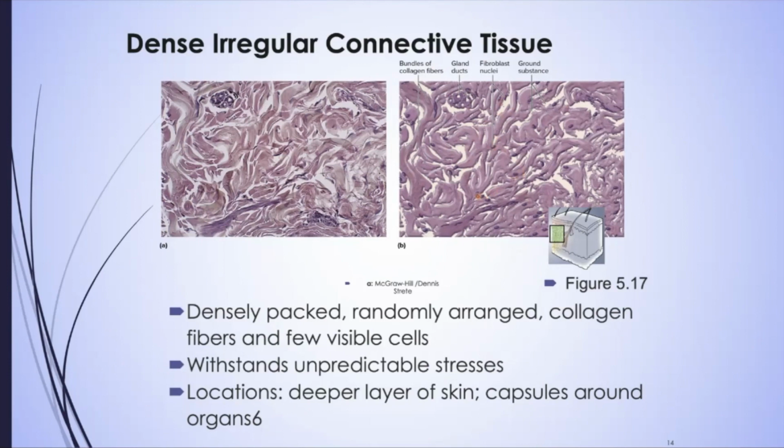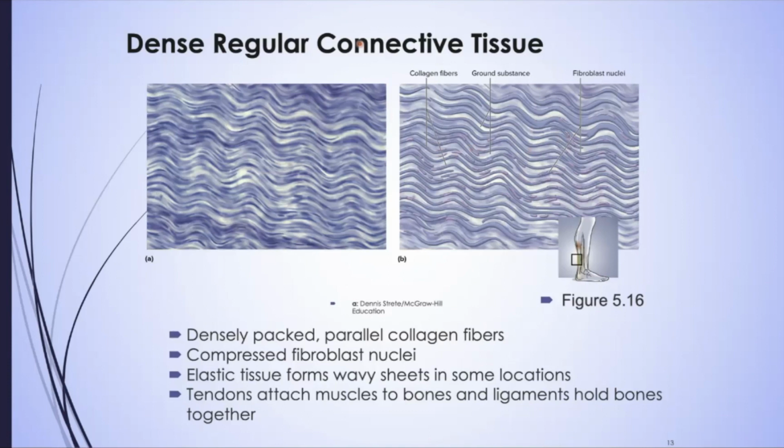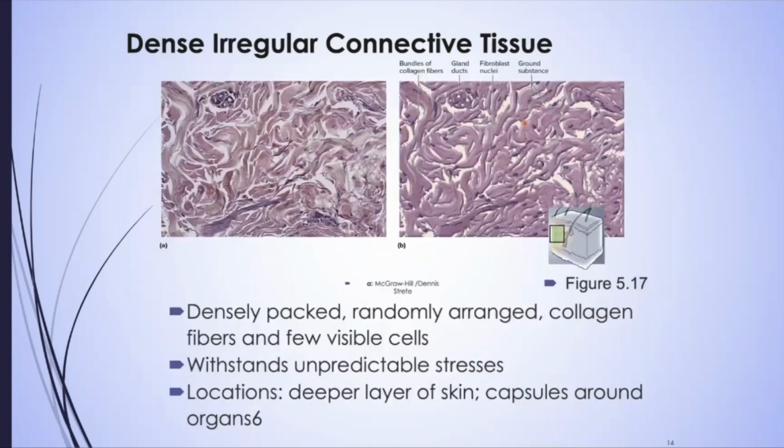The ground substance is this lighter portion in between. So just like the dense regular connective tissue, there is less of the ground substance and more of the fibers. See, less of the ground substance, definitely more of the fibers.